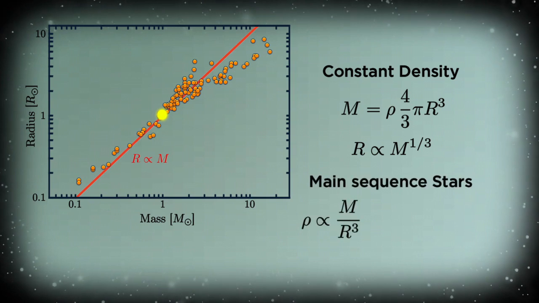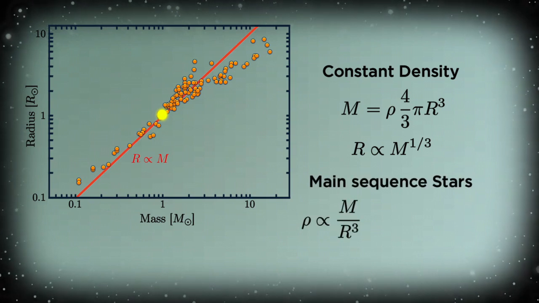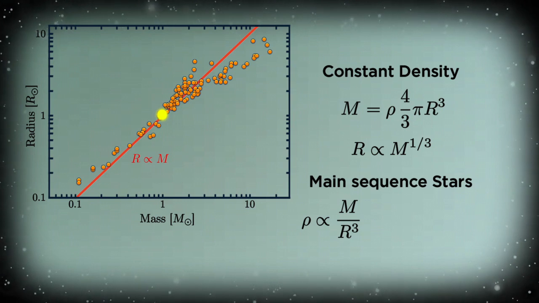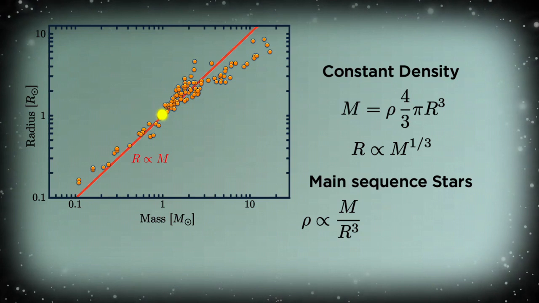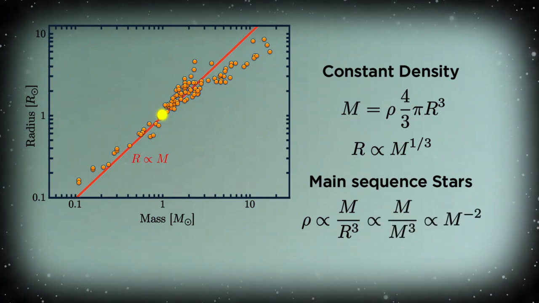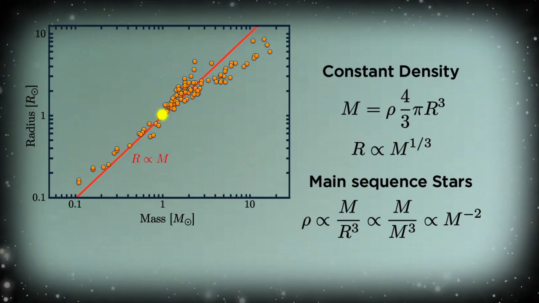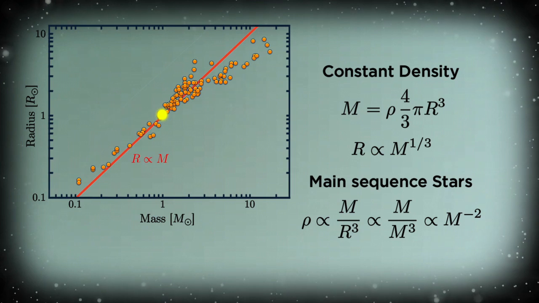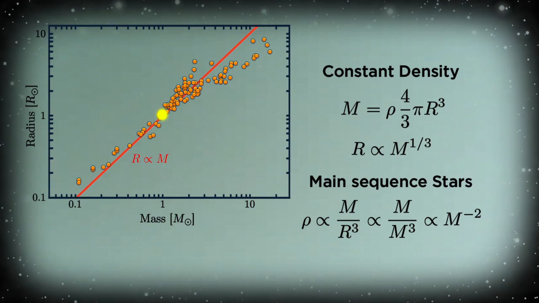In general, density is proportional to m over r cubed. And since we observe main sequence stars to have r proportional to m, their densities vary as m over m cubed, or 1 over m squared. More massive stars are less dense. Now, why would that be? A good theory of stars should be able to explain that.